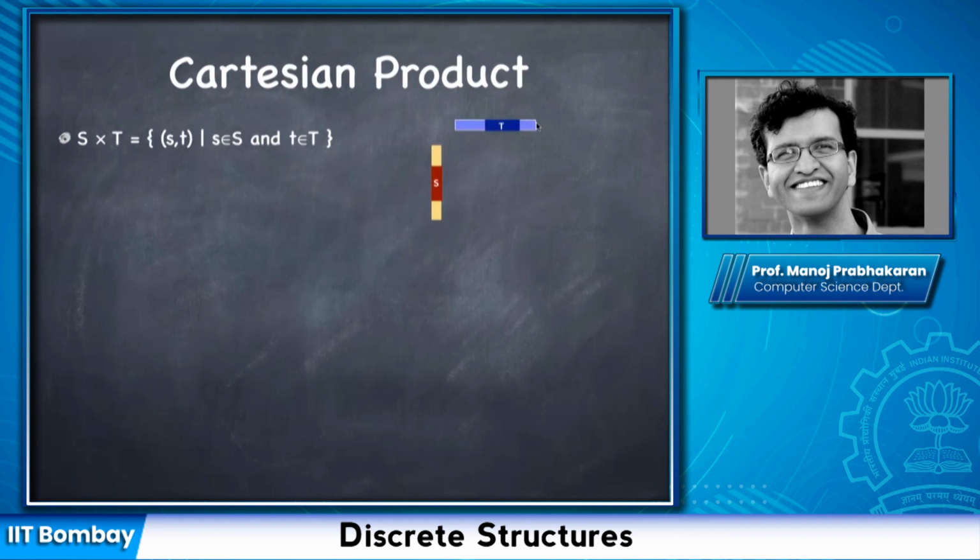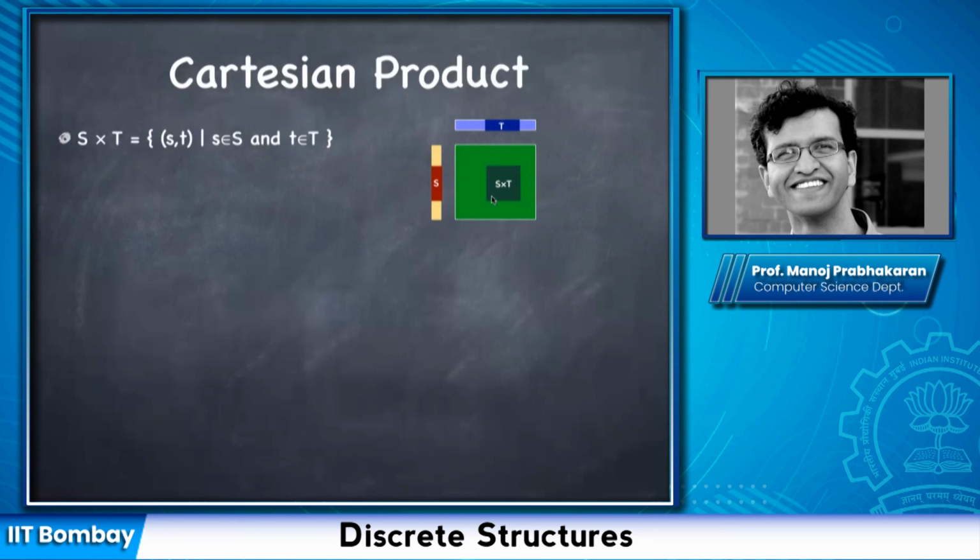I've drawn it separately as another universe with the set T highlighted there. And their cross product is a different universe. It's neither the universe of S nor the universe of T, so that is this green box here.